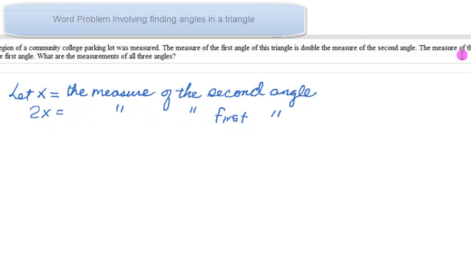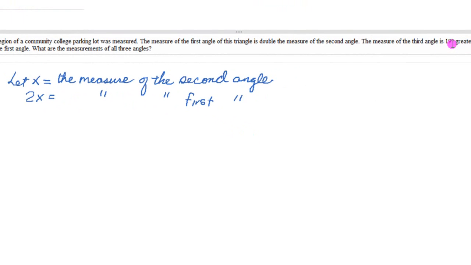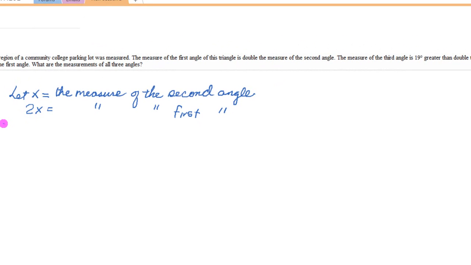Then the measure of the third angle is 19 degrees greater. So 19 degrees greater than something is addition. So 19 plus double the measure of the first angle. The first angle is 2x, and we have to double that.